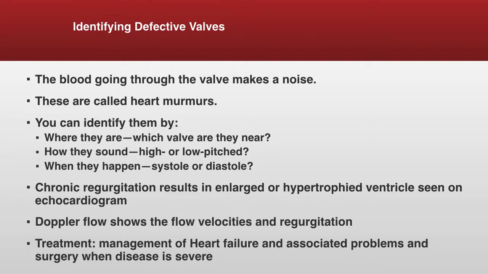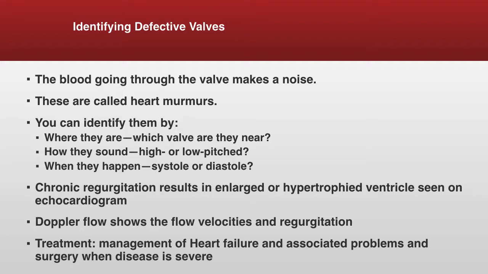So where you are hearing the murmur and how they sound, whether it's high pitched or low pitched, and when they happen, whether it's systolic or diastolic, will help to identify which valve may be involved.